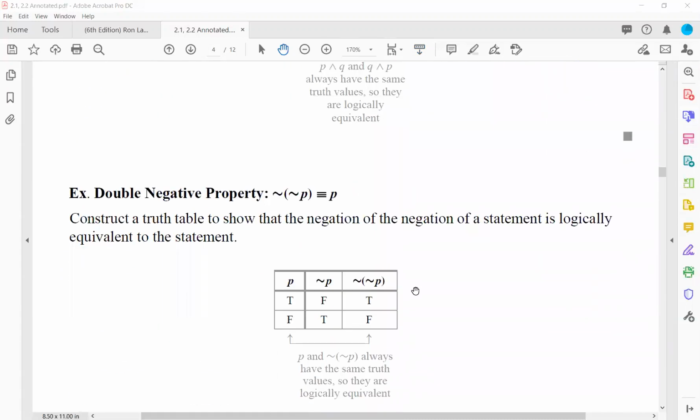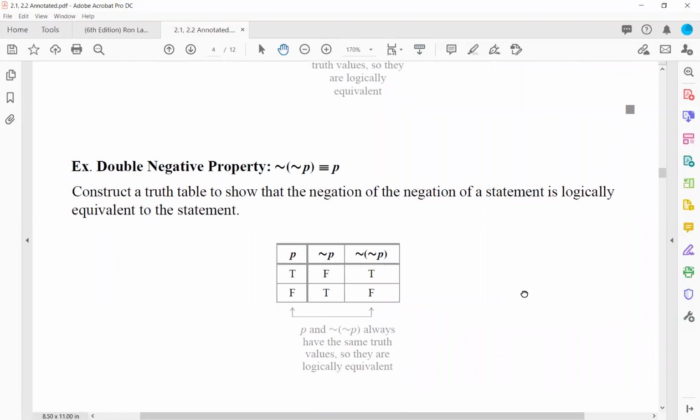Another example, double negation property. Show that not not P is the same as P. We call this property double negation property. Okay? My goal is to show that the truth values for not not P is the same as truth values for P. It's easier to start by writing P on the left-hand side.